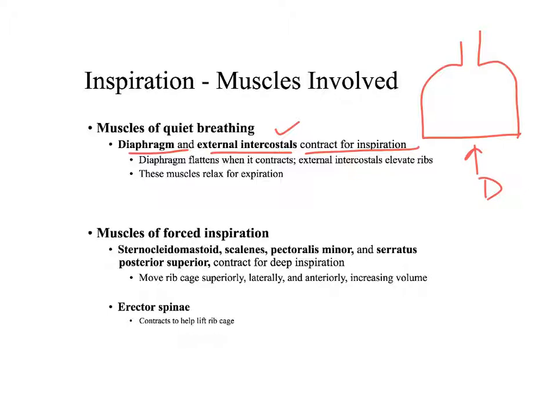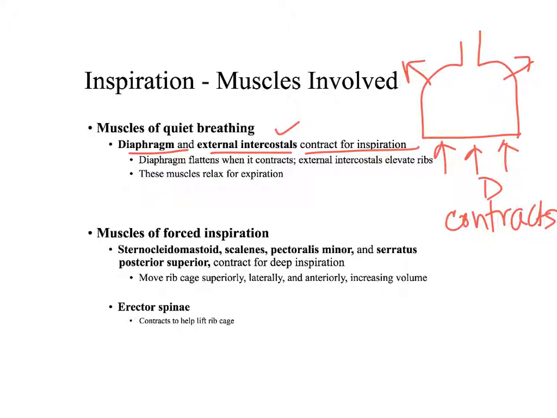When the diaphragm contracts, it flattens. So this is a contracted diaphragm. And then the external intercostals are going to lift the ribs up. So you can kind of picture yourself taking a deep breath and your chest cavity gets bigger.